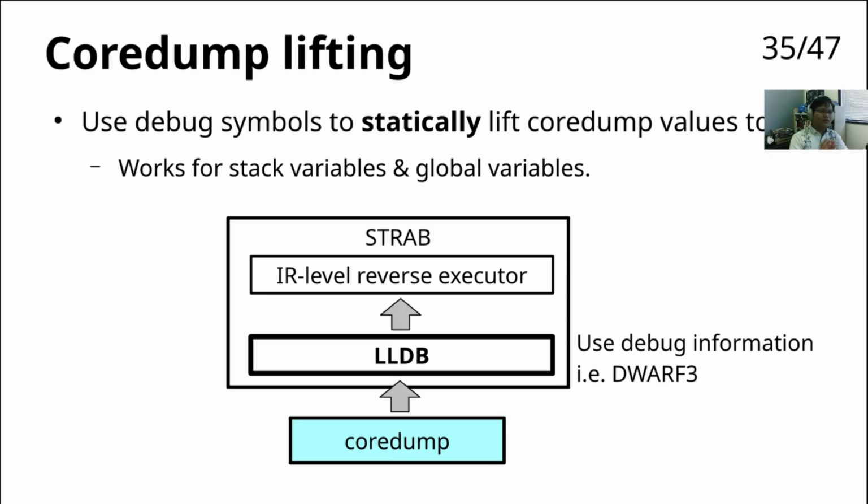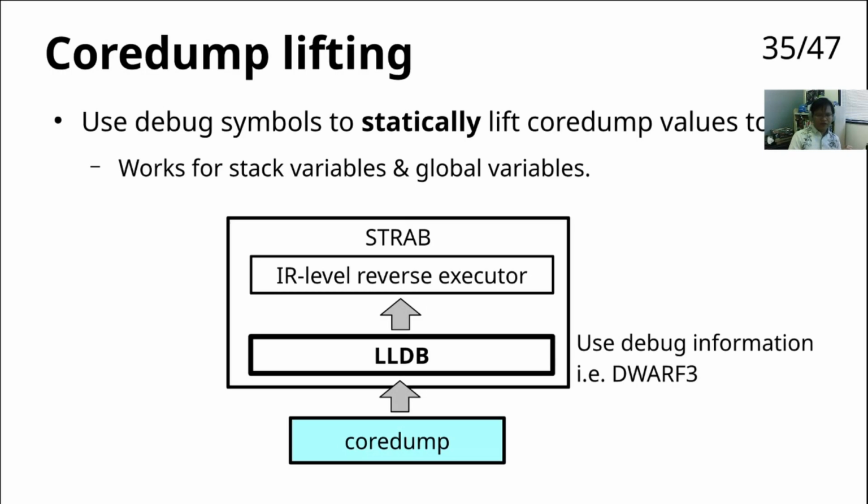We will now move on to core dump lifting. First of all, in order to reverse execute the program at IR level, we need to lift the data values available in the core dump, because they are still in machine level.